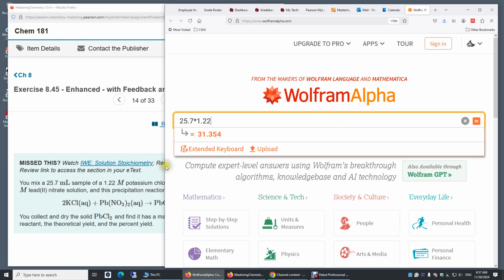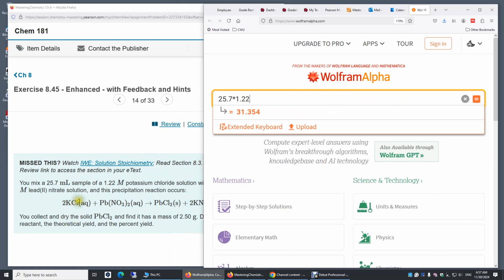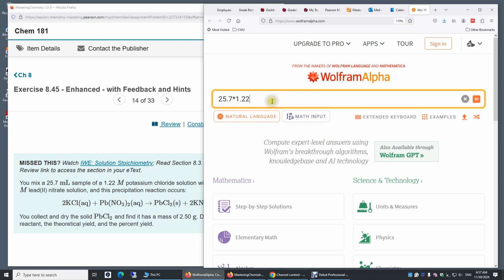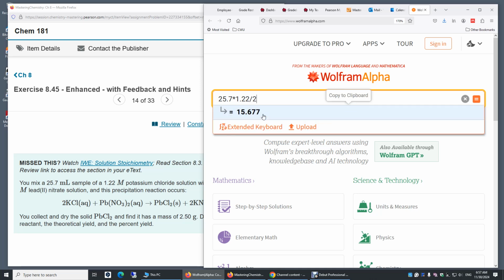Because in the chemical equation there's a 2-to-1 ratio, every 2 moles of KCl you get only 1 mole of lead-2 chloride. So I'm going to just divide this by 2. I got 15.677. So 15.677 is the number of millimoles of lead-2 chloride, provided the amount of potassium chloride here, assuming all other chemicals are in excess.